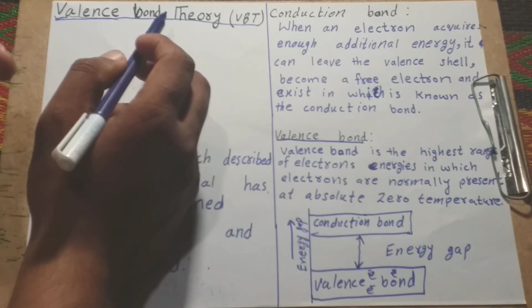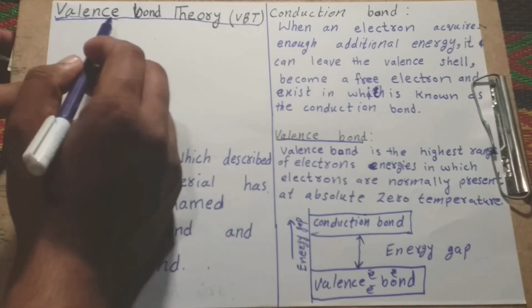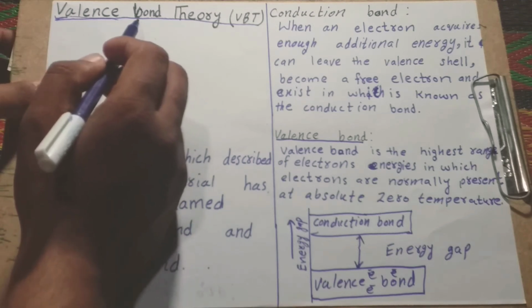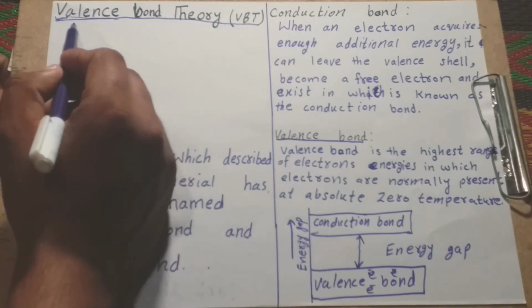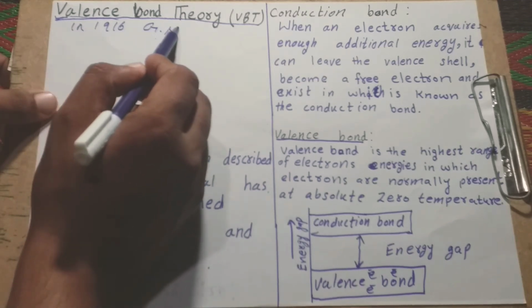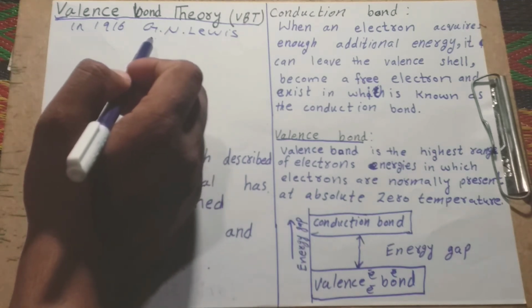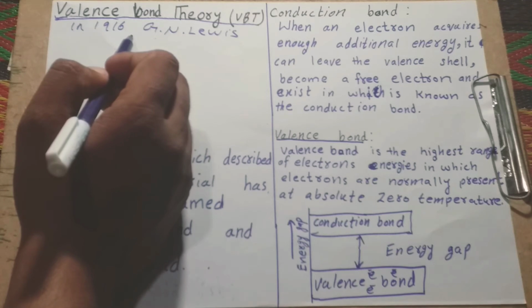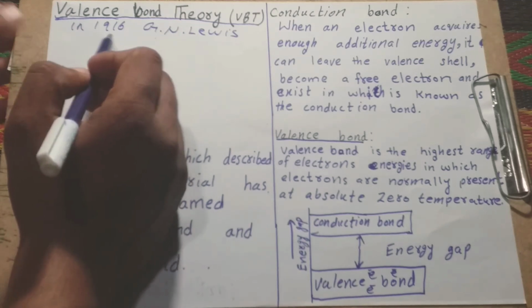Many scientists worked on valence bond theory and also presented it. In 1916, G.N. Lewis presented valence bond theory and proposed that a chemical bond forms by the interaction of two shared bonding electrons, and it gave the name Lewis structures.